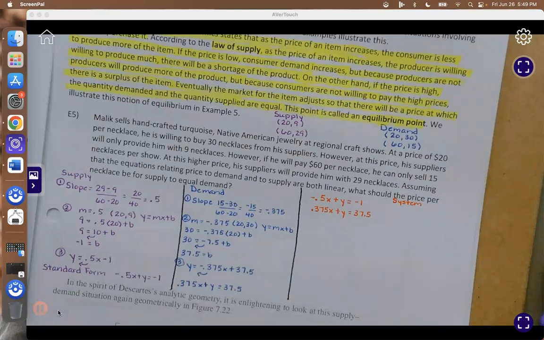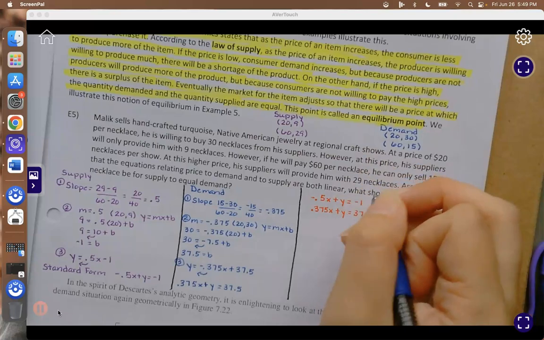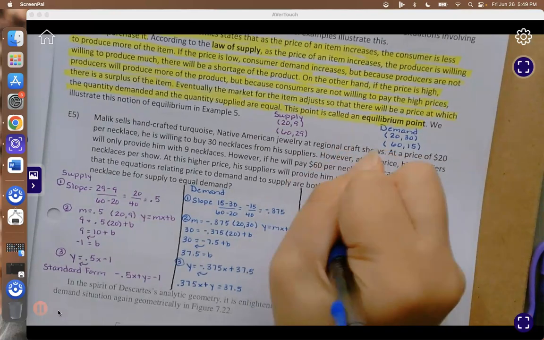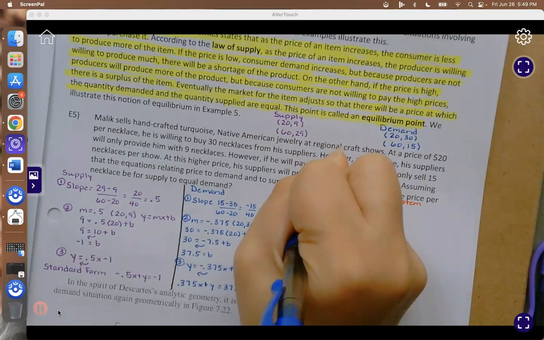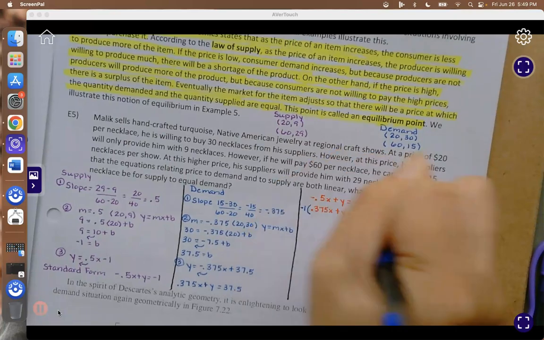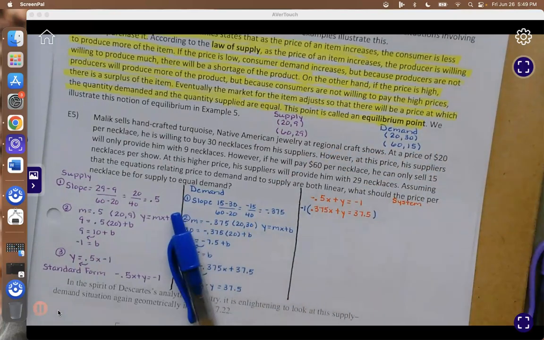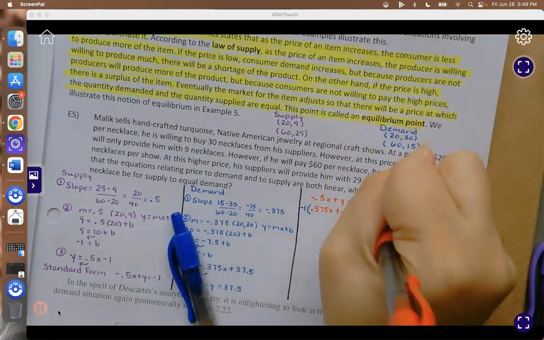All right, so we look here, we're trying to get a letter to cancel out. So if I multiply this one by -1, and don't do anything to this one.